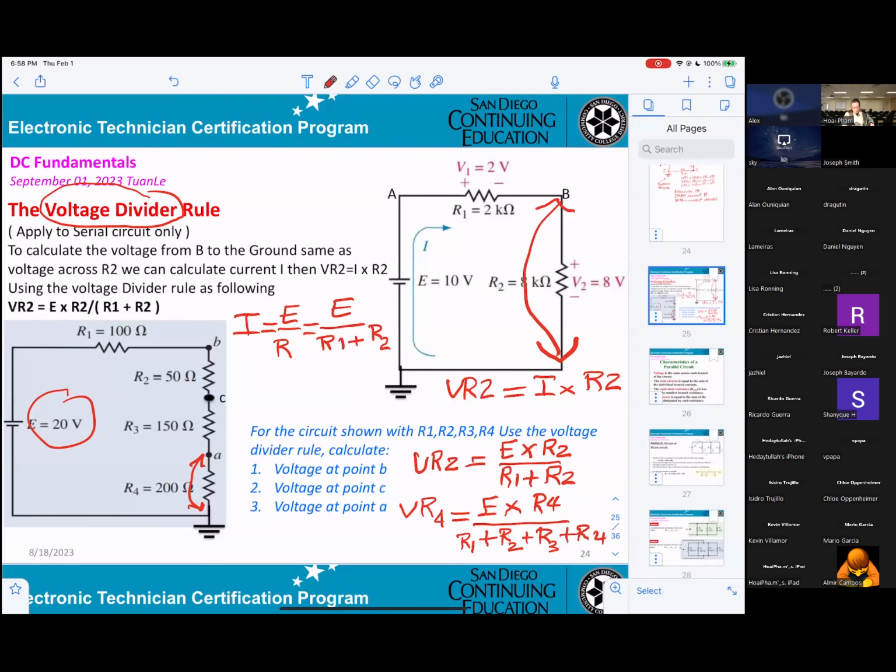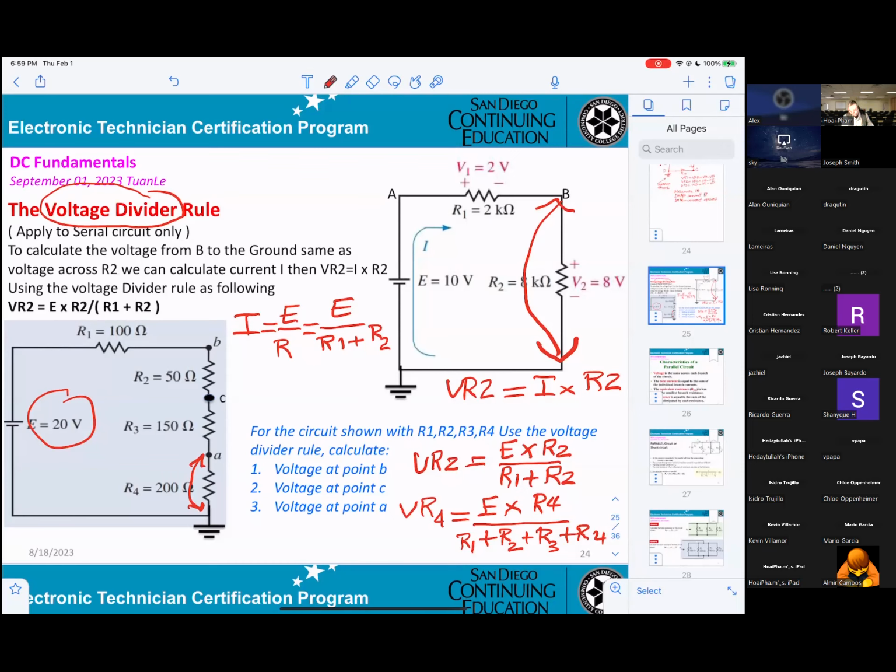And I'm telling you, when you're looking at circuitry for now, can you tell me whether the circuit is connected in series or parallel? Next time we're talking about parallel. That is the first thing. Second thing, if I want to calculate the total current, I want to divide by R1 plus R2, R3, R4, R5.